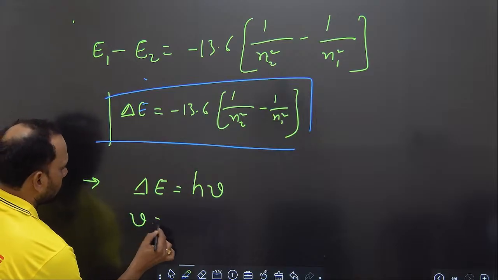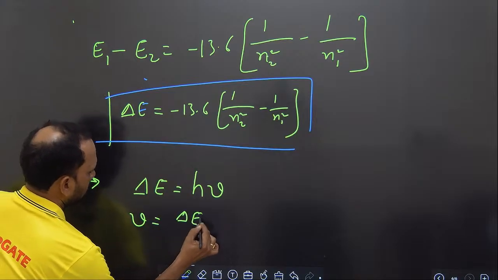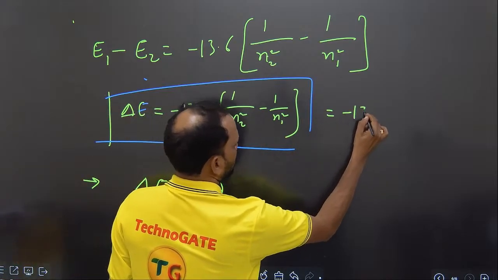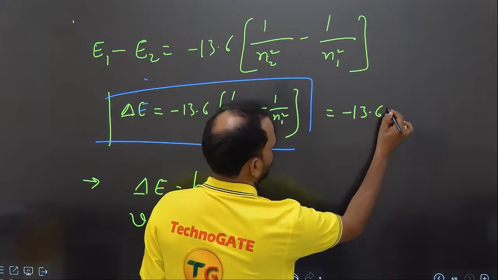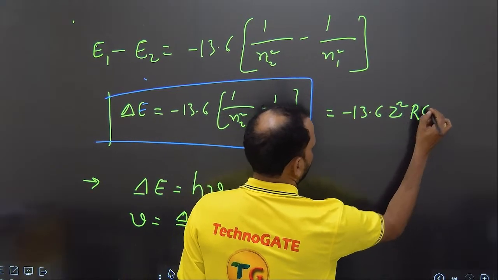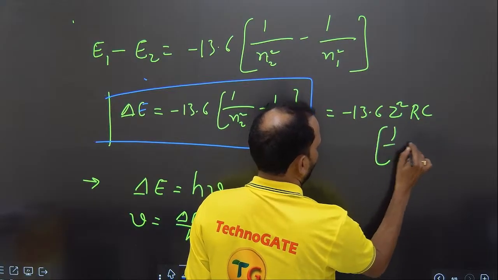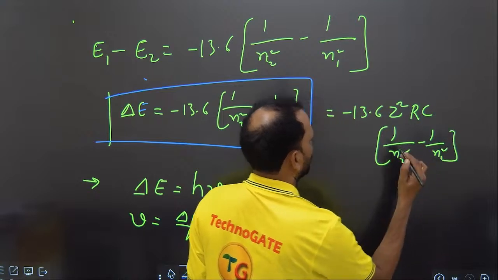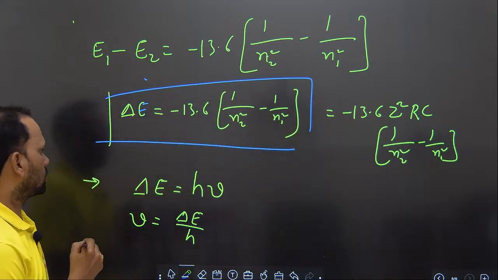Mu is equal to delta E by h. Actually here minus 13.6 into Z square into 1 by n1 square, n2 square minus 1 by n1 square. This is the actual formula.